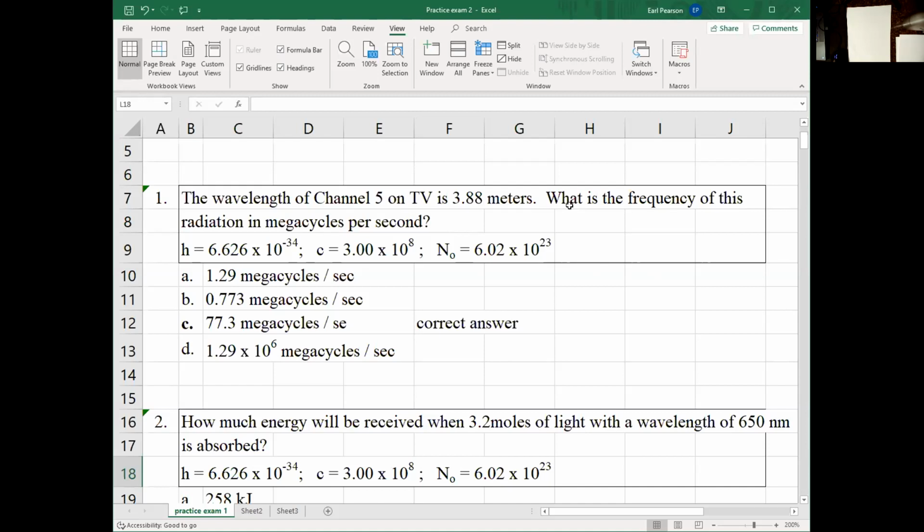A lot of people have some big screen TVs, but I think this one is a little bit bigger than that. If I run the TV on my media room projector, it's maybe about that size. Okay, but anyhow, what's the frequency of the radiation in megacycles per second?